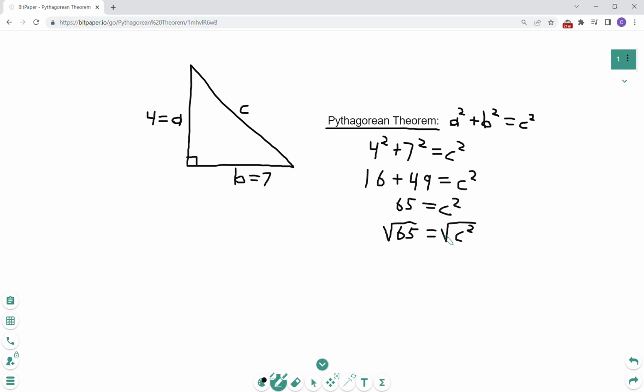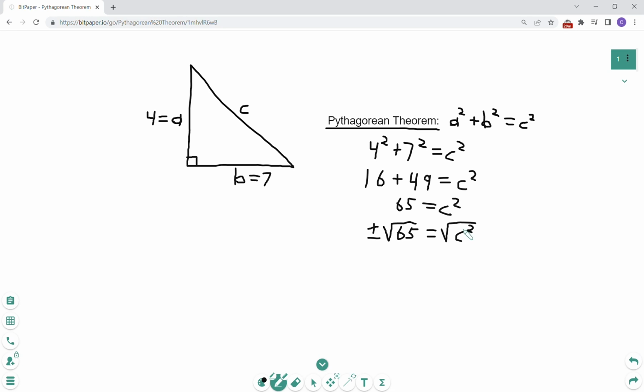All right, but now we got to remember, if we're square rooting the number on the left here, we got to add a plus and a minus symbol, because it could either be positive or it could be negative. So we got a plus and then a minus. Now if we look on the right-hand side, the square and the square root will cancel out. So we'll just cancel out those bad boys.